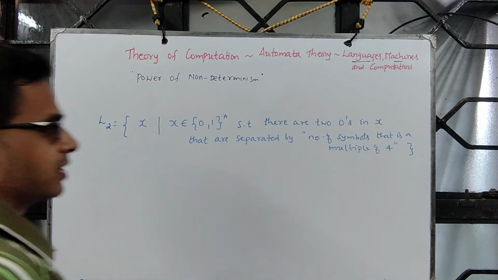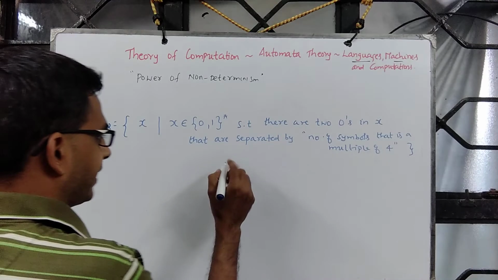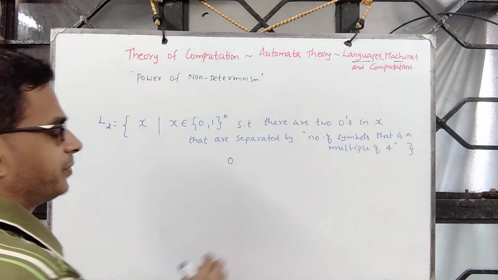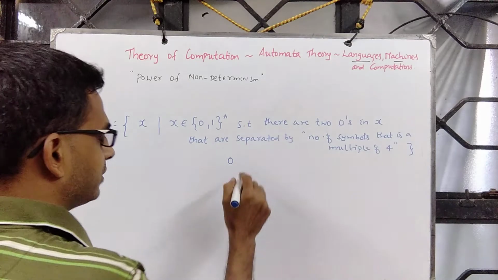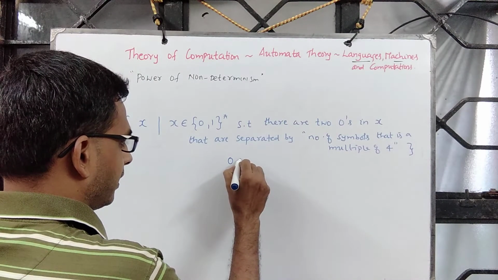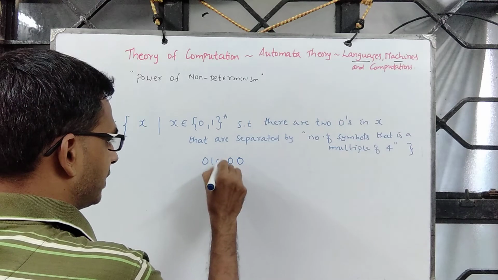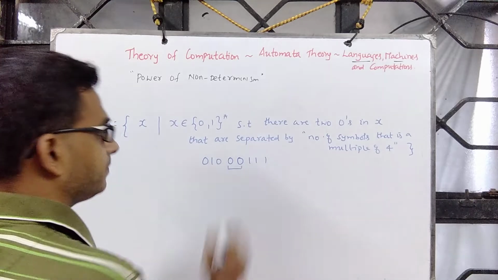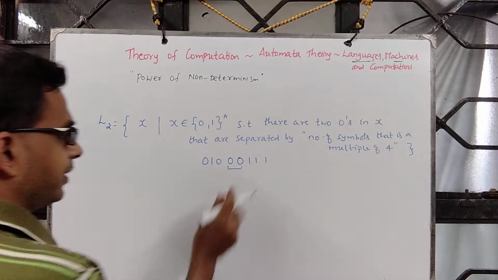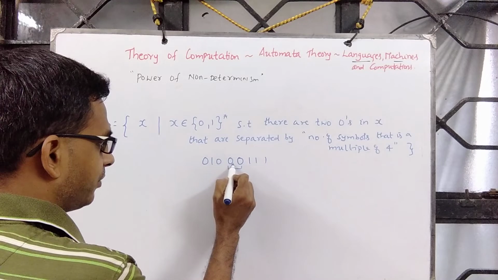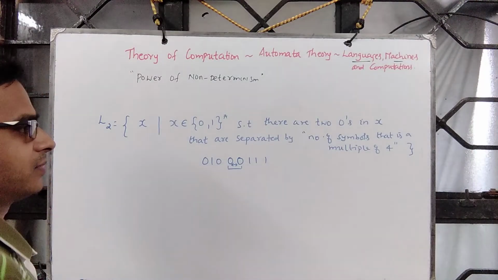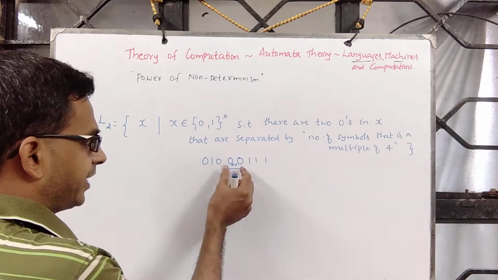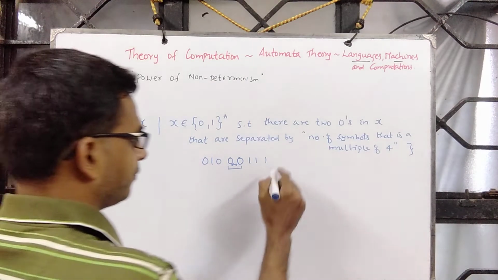So what it says is, you look at x, and x has this property. Somewhere there are two zeros in x, something like 0, 1, 0, 1, 1, 1. If you look at them and count the number of symbols separating them, that number is a multiple of 4.